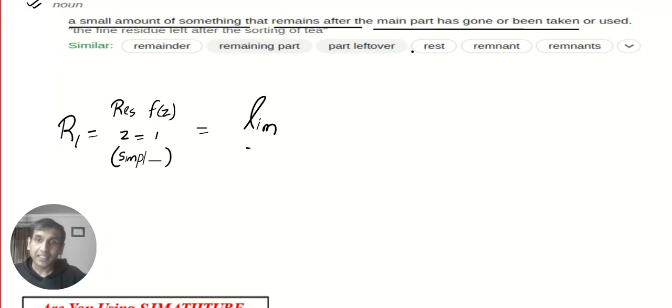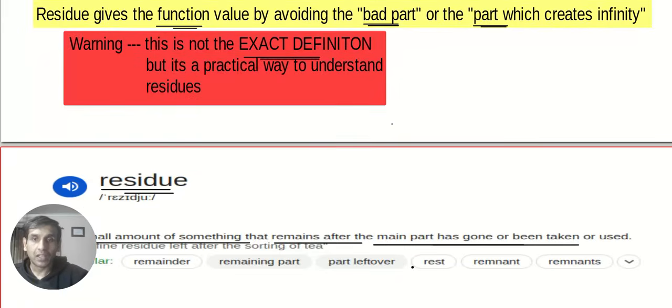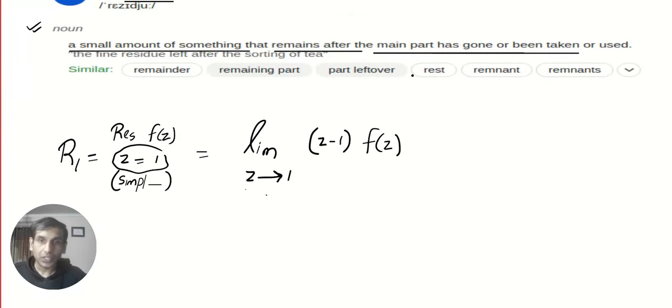Limit Z tends to 1. I told you our job is to avoid the neighborhood of the troublemaker. That's the logic. So I'm taking a neighborhood of the troublemaker, and I'm going to make sure it gets cancelled. So this is the formula. I just applied the formula. Okay, so this will be limit Z tends to 1, Z minus 1.